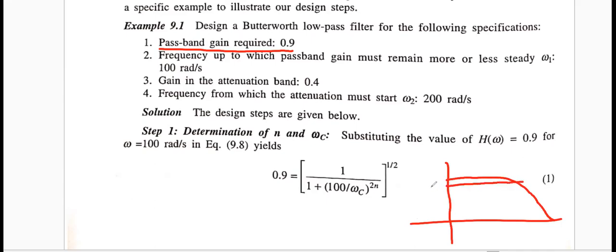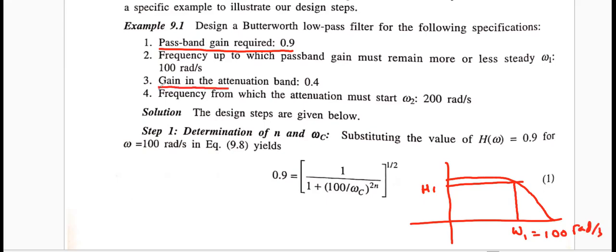This number has been given, so H1. The frequency up to which the passband gain must remain more or less steady, omega 1, is equal to 100 rad per second.